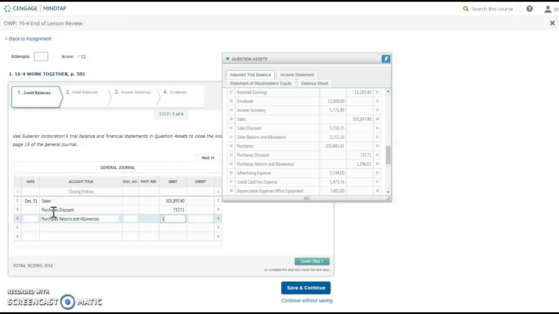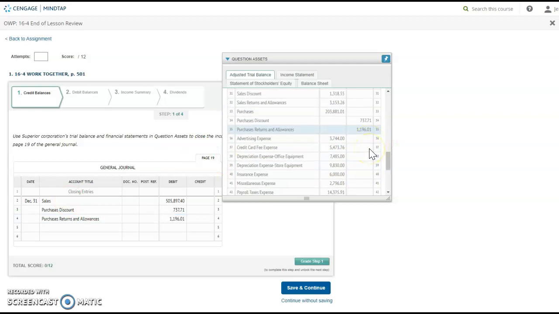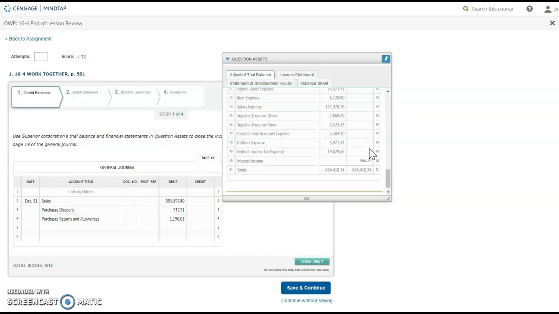I will debit for $1,196.01. Scroll down to see if we have any more credits. We have one more credit. So our interest income, we will close with a debit of $466.20. So those are our 4 income statement accounts that have credit balances that we are going to close with debits.